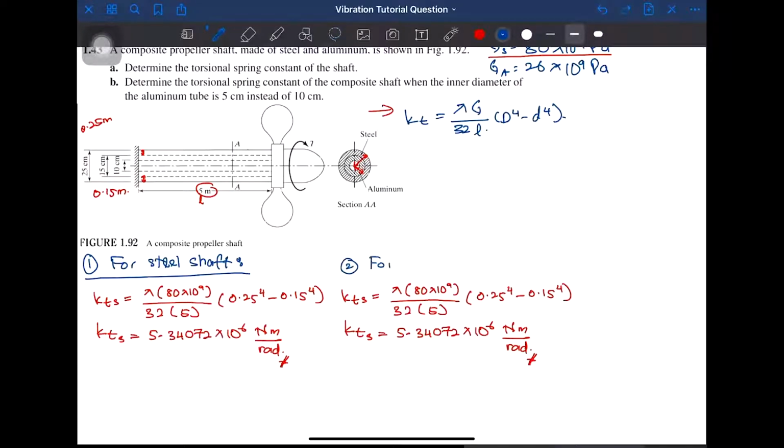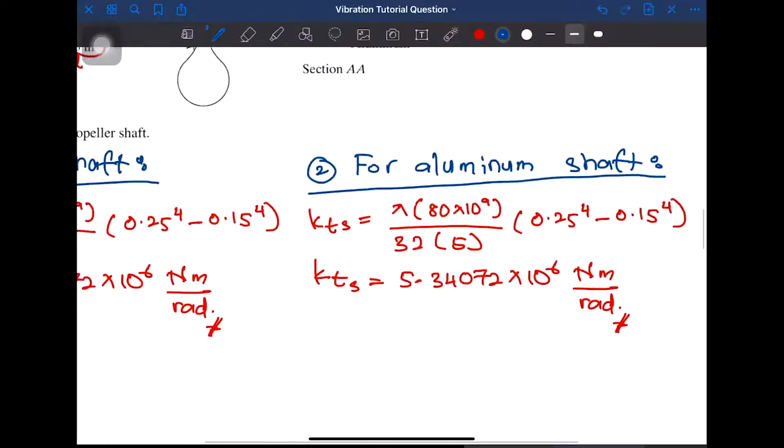Now for the aluminium shaft, what are the differences between the steel shaft and the aluminium shaft? There are only two differences, the diameters and also the G, more or less. So try and substitute that. I'm going to change this first.